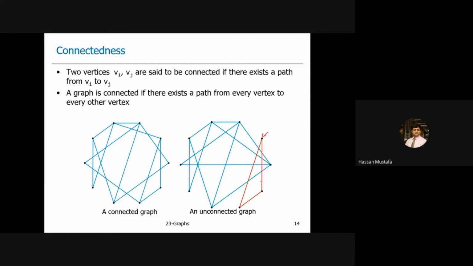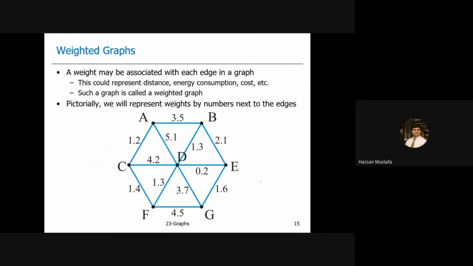Okay. So after all these definitions of vertices and edges, now we'll move on to something slightly different, that is the weight inside a graph. As I said earlier, these edges can represent anything between these two vertices.